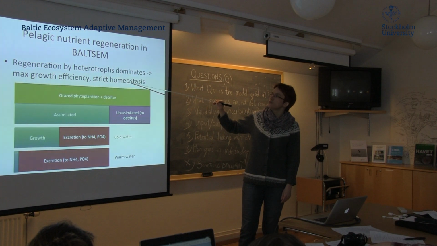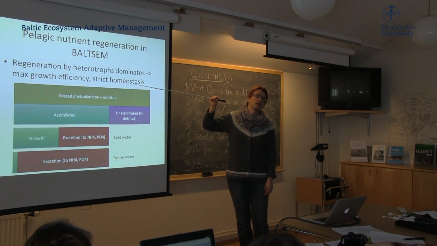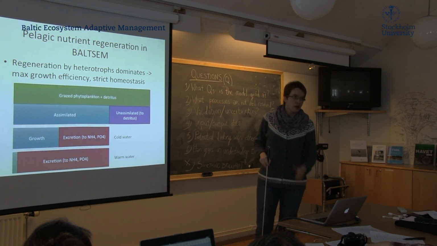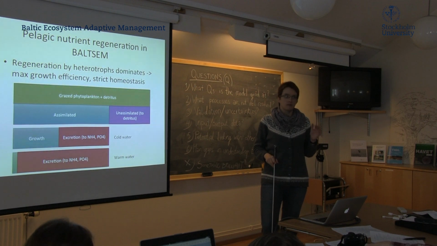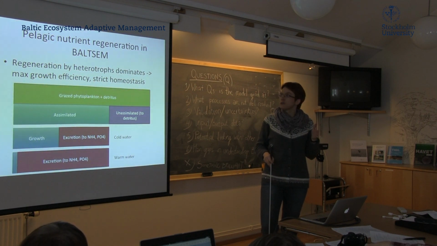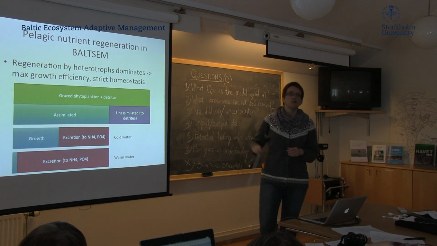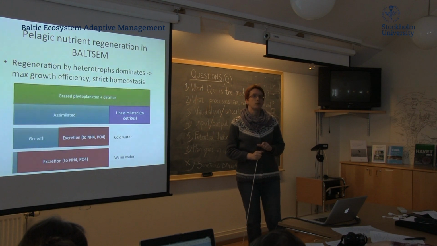And we assume that the zooplankton compartment strictly maintains its nitrogen-phosphorus ratio. So in our model, phytoplankton has a fixed NP ratio, so it grows according to Redfield ratios. But for the detritus pool, those are actually two variables: a detritus nitrogen and a detritus phosphorus.